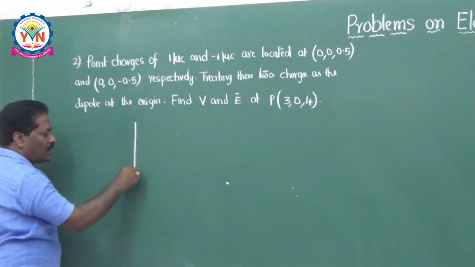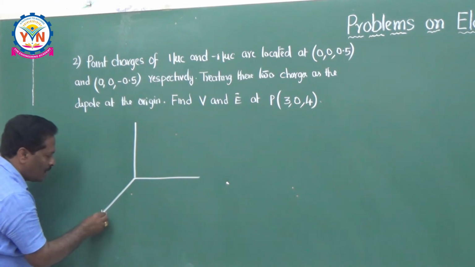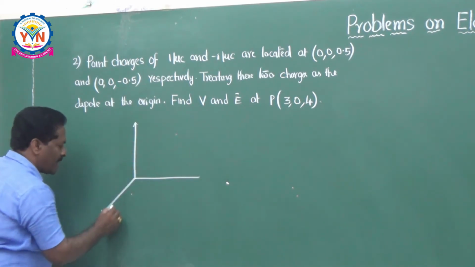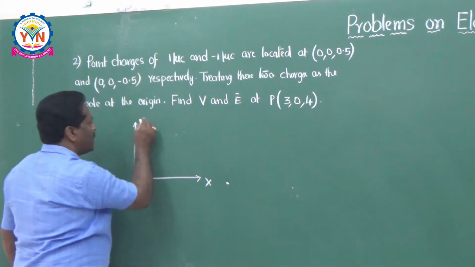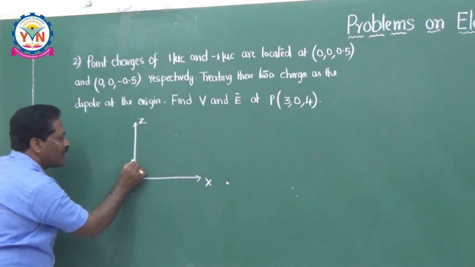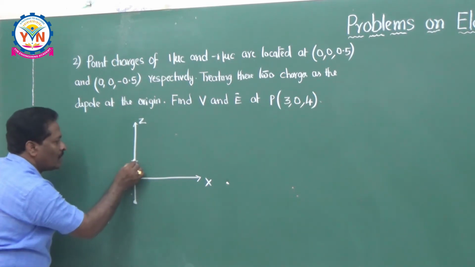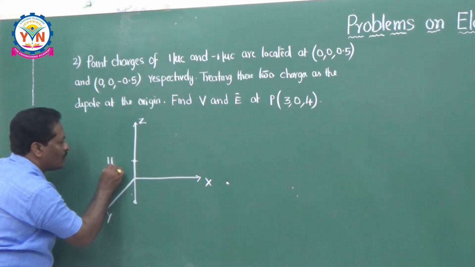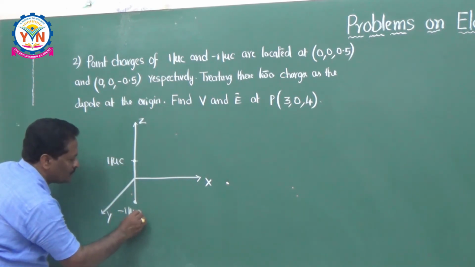So let us take an origin like this, and let this be the y-axis, this the x-axis and this the z-axis. So let us say that on the z-axis you are having these two charges. One is plus q, 1 microcoulomb, and the other one is minus 1 microcoulomb.